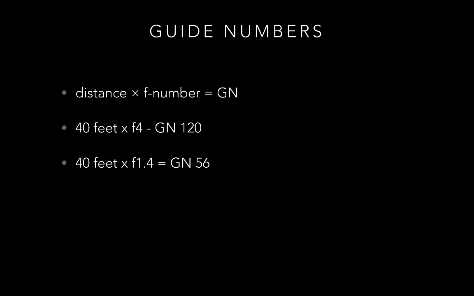You're going to find that most modern speed lights, the SB900s, the 580EXs, the 600s, the Yongnuo 568s, are all in that 55 to 63 guide number rating. The odd thing is that when manufacturers list their guide numbers, they don't list the f-stop number. So you don't really know for sure if you're comparing apples to apples.